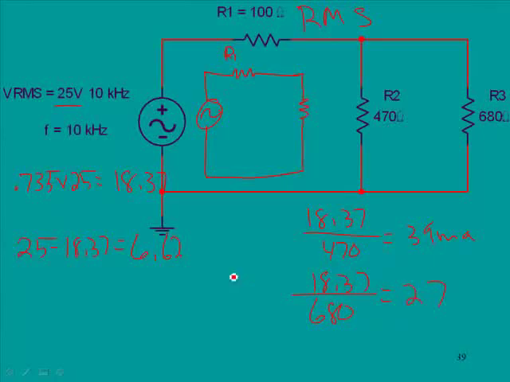And 6.62 across the 100 ohms here would yield about 66 milliamps, and so this would equal the sum of both of these. So these are the RMS calculations, and I skipped some things because we did them already in the peak calculations.